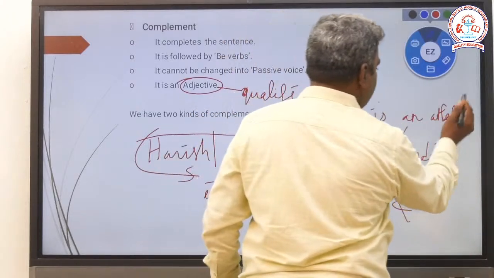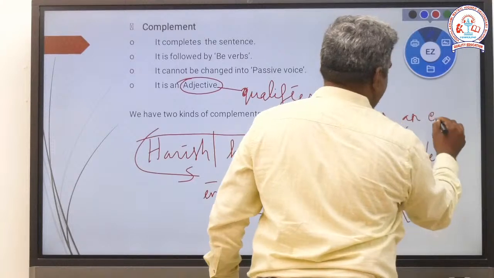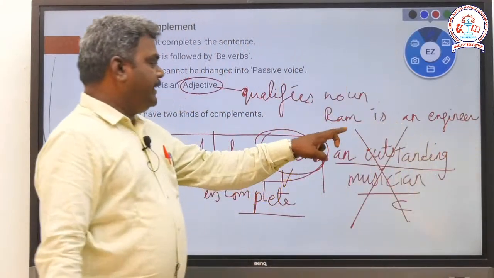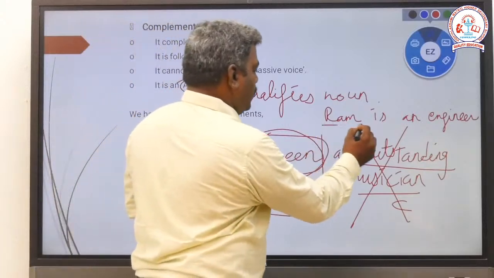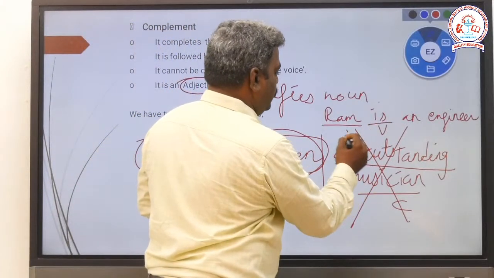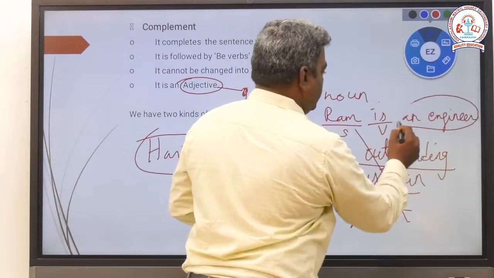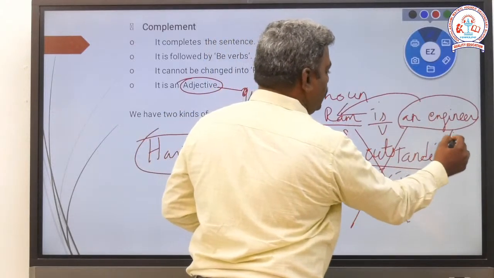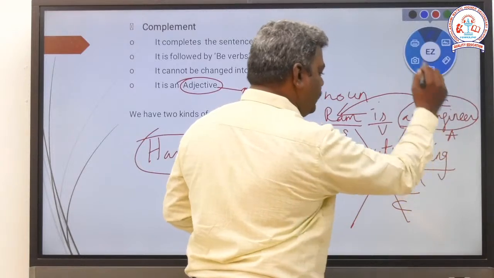Ram is an athlete or engineer. Ram is an engineer. Look at this. Ram is an engineer. It qualifies Ram. So this is called an adjective. So we can write it as complement.